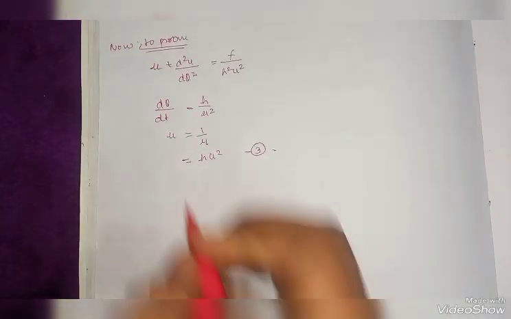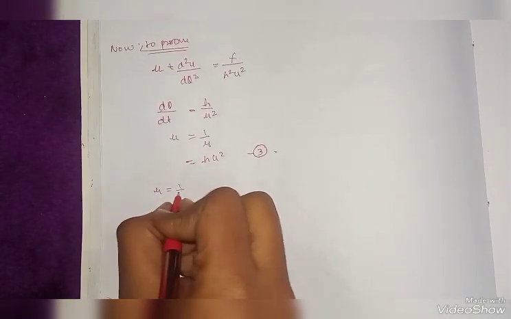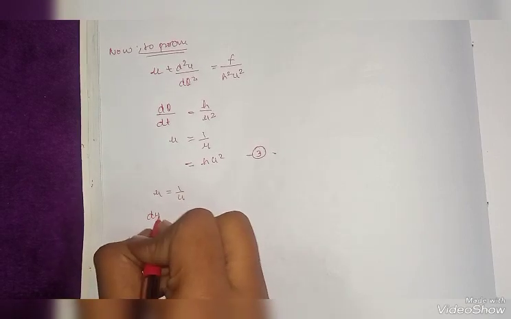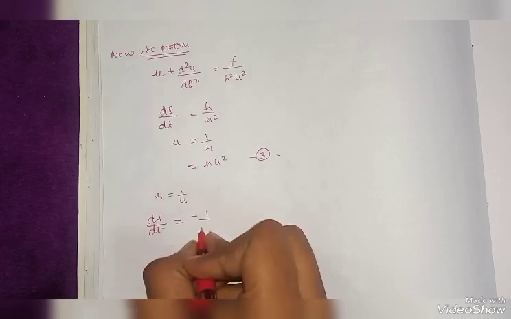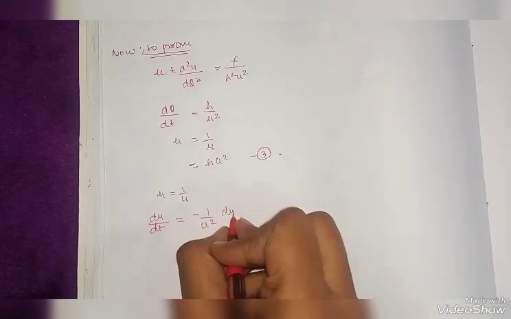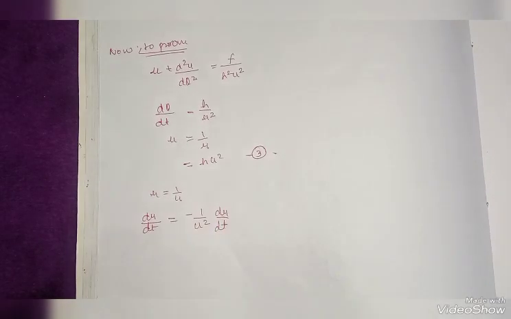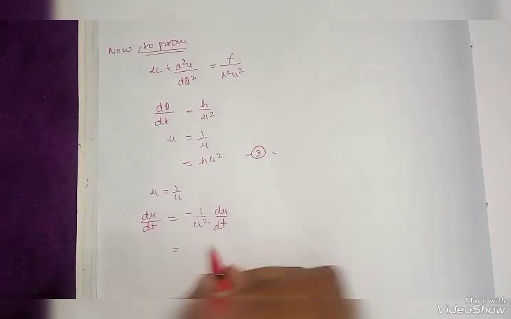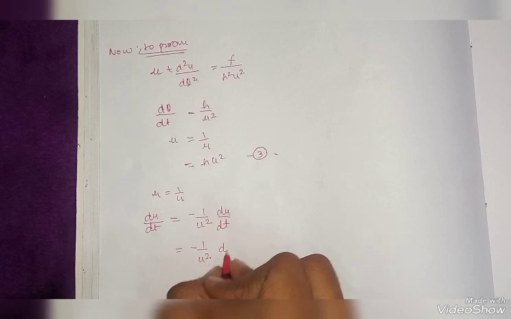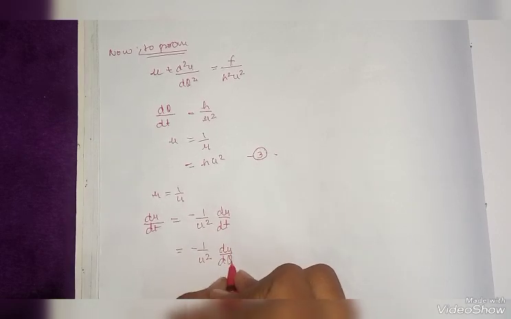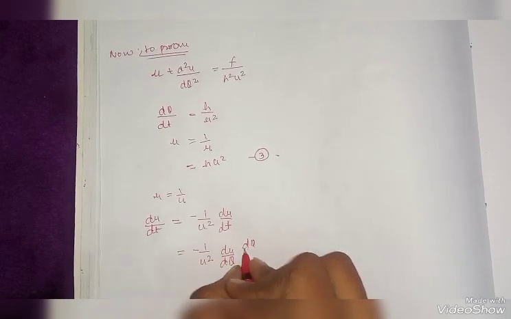Now we know r is 1 by u. So dr by dt is minus 1 by u square du by dt. Next step, 1 by u square du by d theta, multiplying and dividing by d theta.